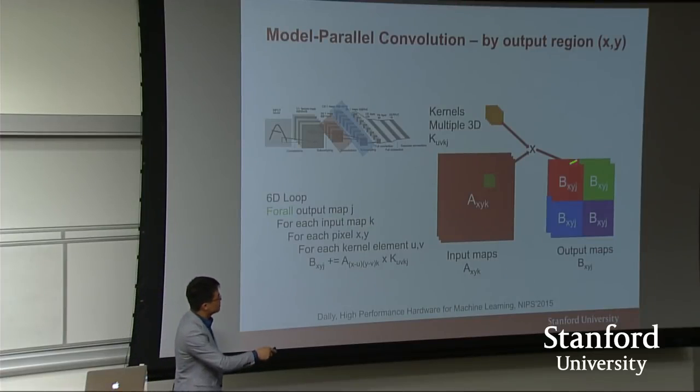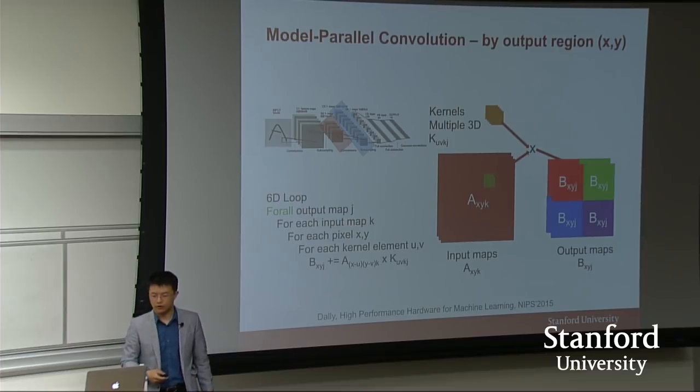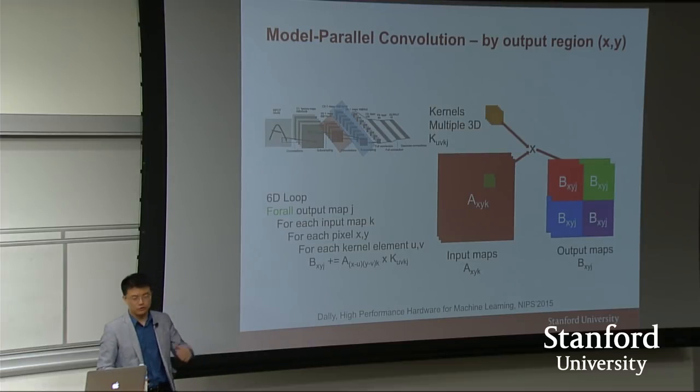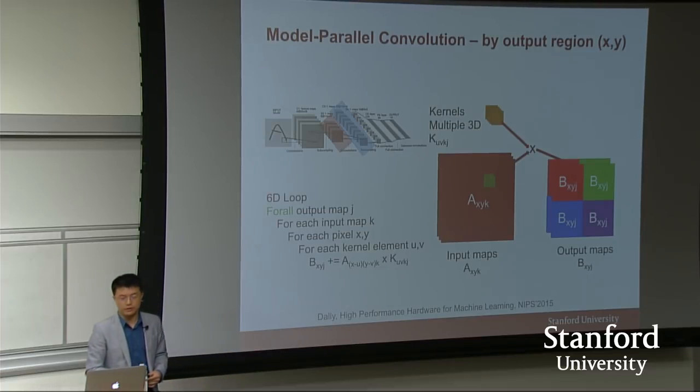Another idea is model parallelism. You can split your model and hand it to different processors or different threads. For example, this is the image. You want to run convolution on this image, like this six-dimension for loop. What you can do is cut the input image into 2 by 2 blocks so that each thread or each processor handles 1/4 of the image.